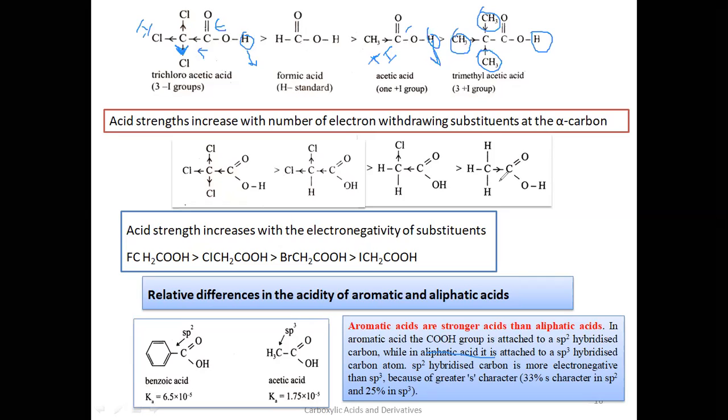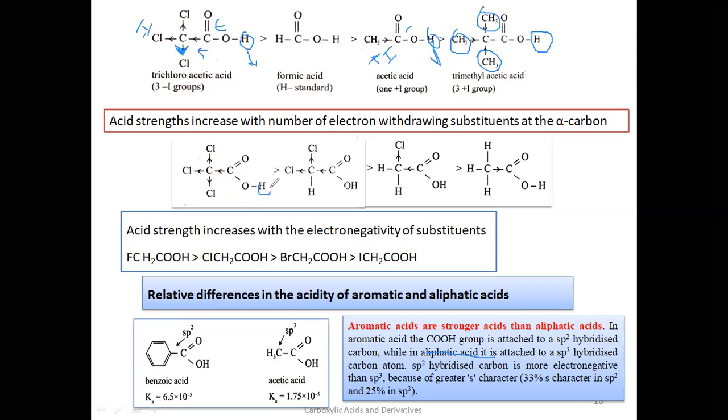Now, let us see the case when there is more than one electron withdrawing group. As the number of electron withdrawing groups on the substituents increases, their acidity also increases. Here, how many electron withdrawing groups are there? 1, 2, 3. There are 3 electron withdrawing groups. They will stabilize this carboxylate ion.